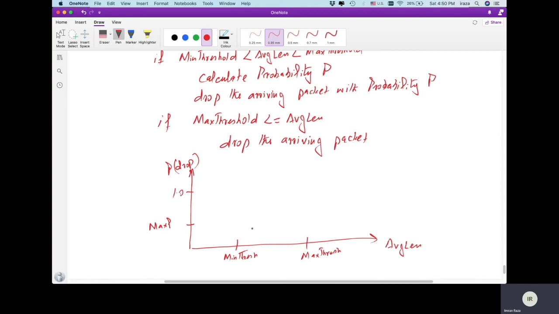Right, so what happens here is that we slowly increase the probability of drop, and when it reaches this maximum probability, we start dropping all the packets, and if the average length is still greater than the maximum threshold, all the packets will be dropped.